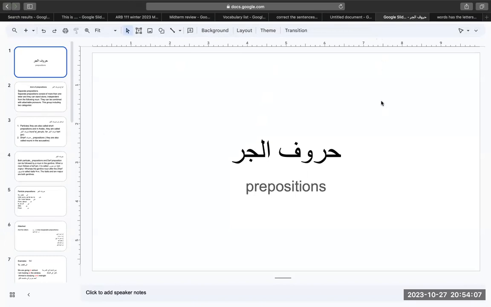The singular is حرف, with a dhamma on the ha, which means one letter, and حروف is a plural. It means letters. And the word al-jar, the word jar without alif lam, it means drag.